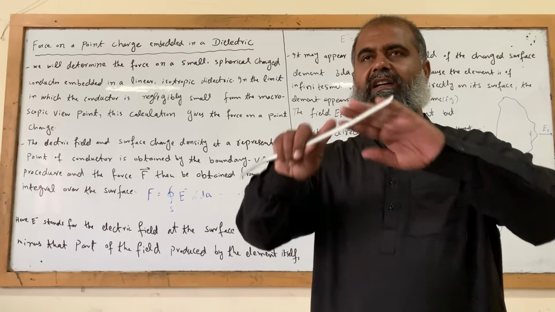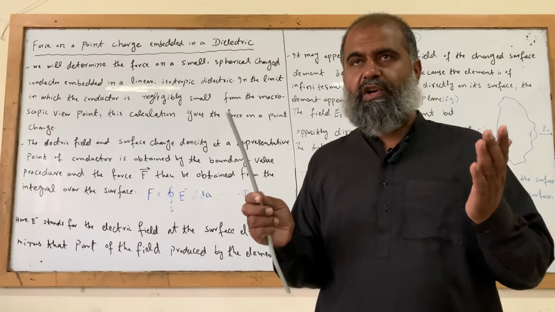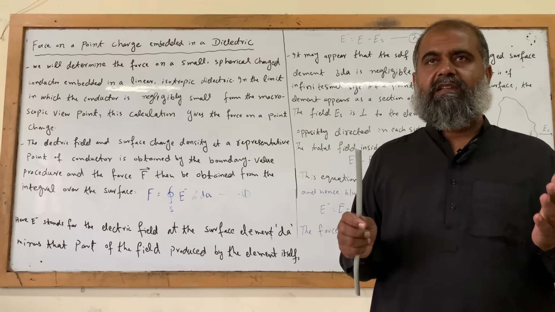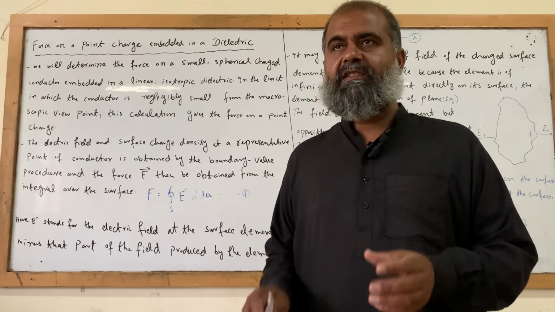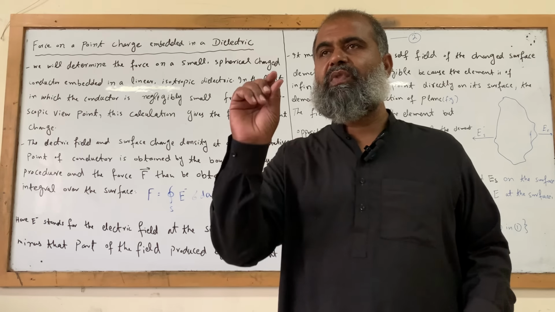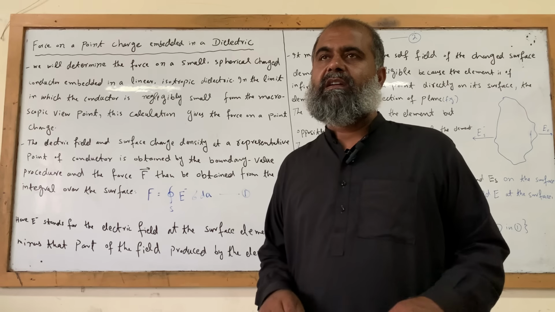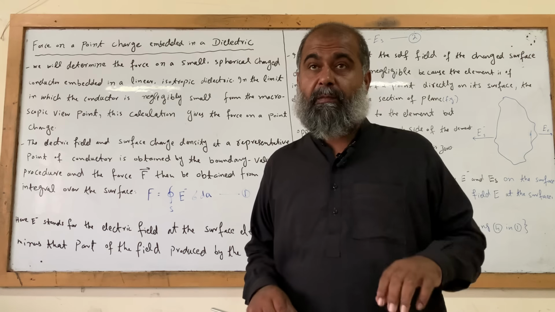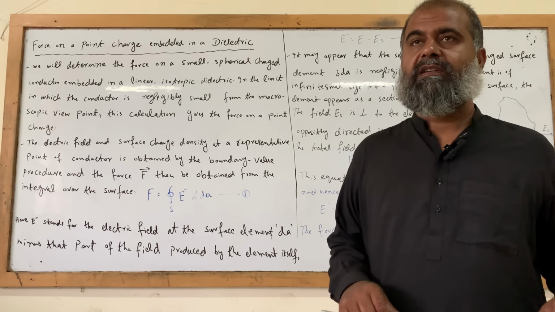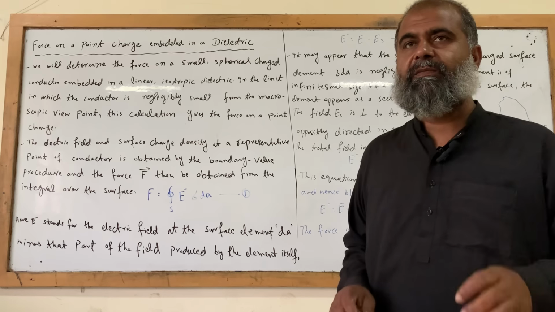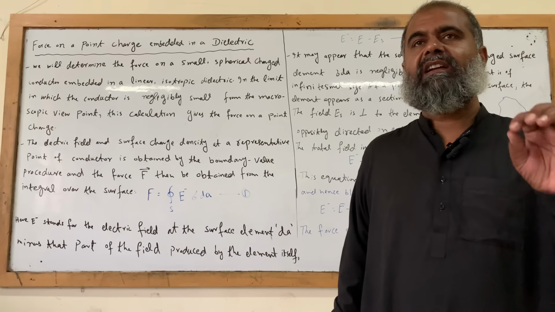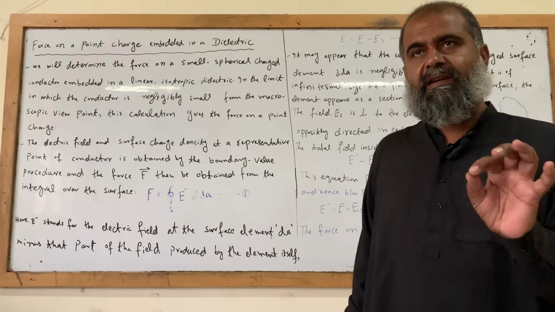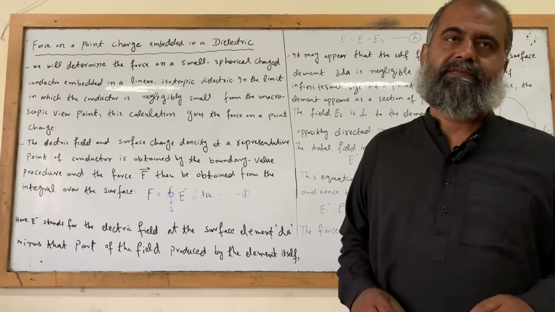Means we have a volume, and inside it, a very finite volume. This is not on the macroscopic level, but a very small volume, and we consider a charge embedded inside the volume.